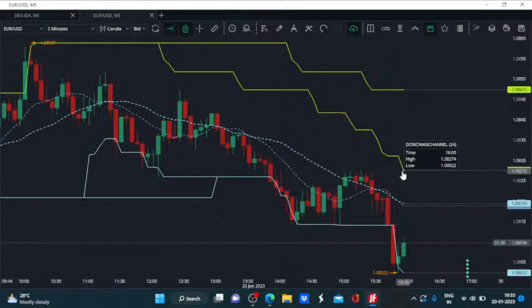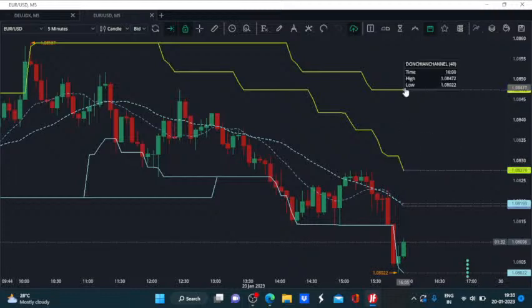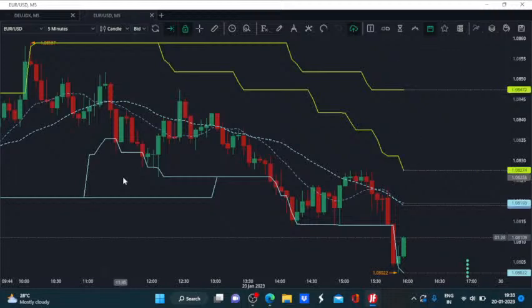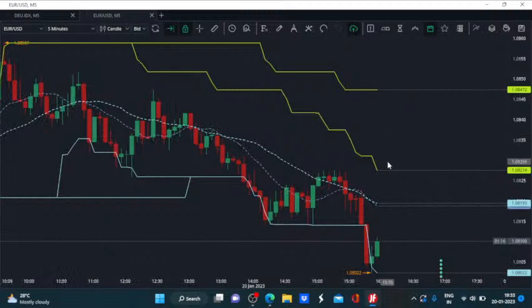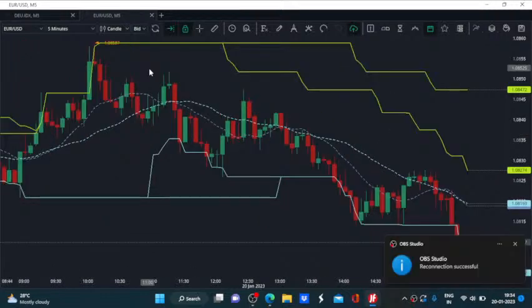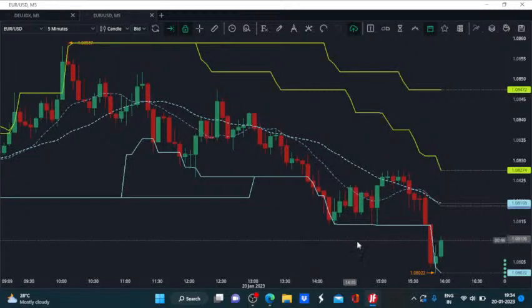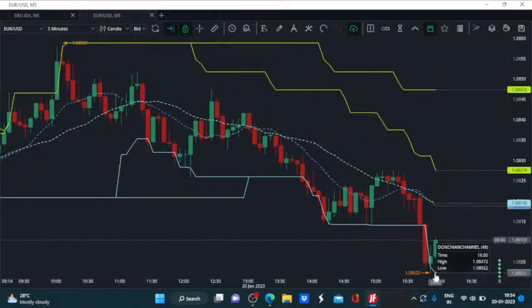And to get the range for the last 2 hours and 4 hours, I have added the Donchian channel 24 and 48 respectively. So this gives us the immediate price momentum and on which side things have shaped up. If there is increased volatility or if things are subdued, we can tell from there onwards. It has gone on to decline. It is even now in a declining phase, with a new fresh low happening at 1.08.